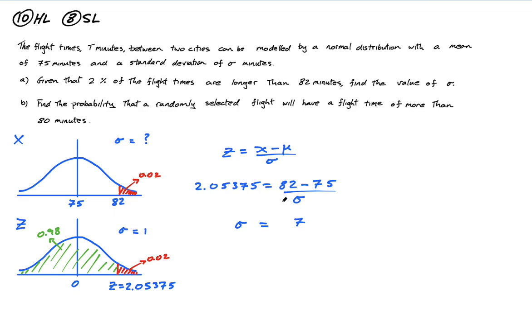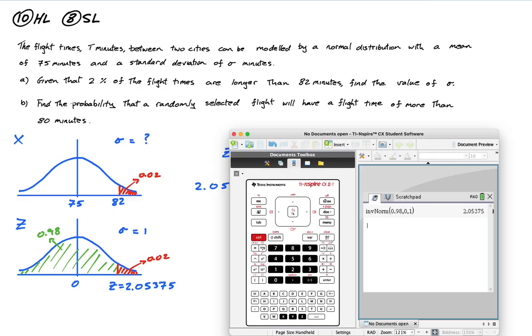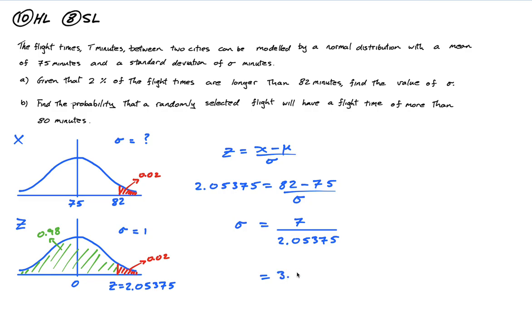I'm going to cross multiply, so it's sigma times this on the left, and then I'm going to divide by 2.05375. That gives me 7 divided by 2.05375, which is 3.4084, approximately equal to 3.41.